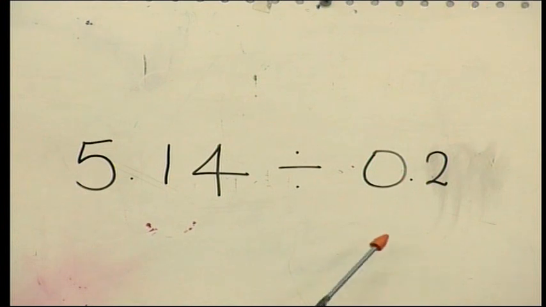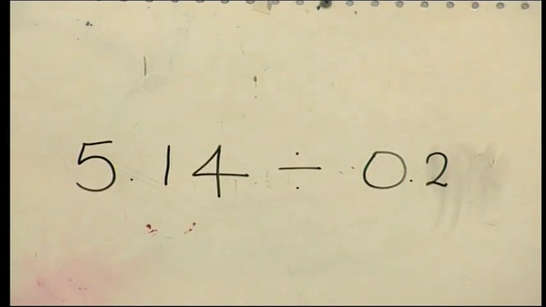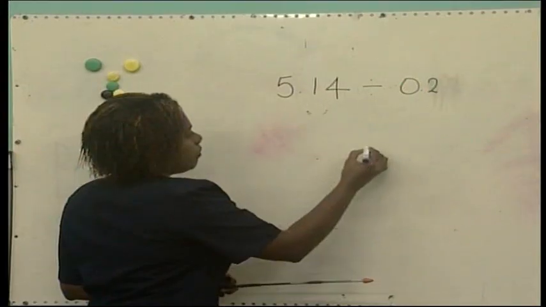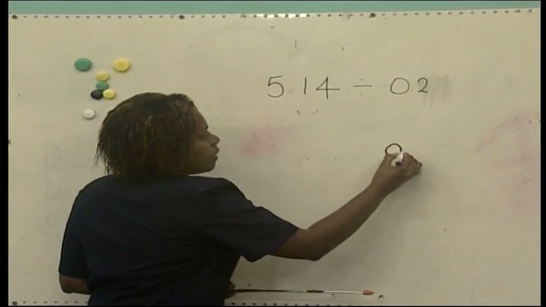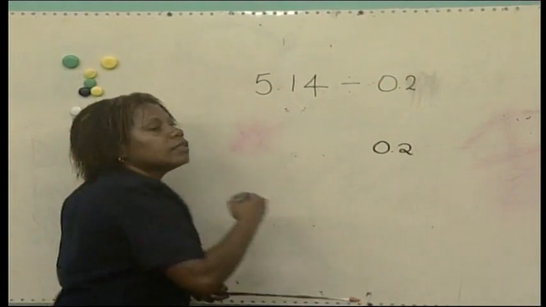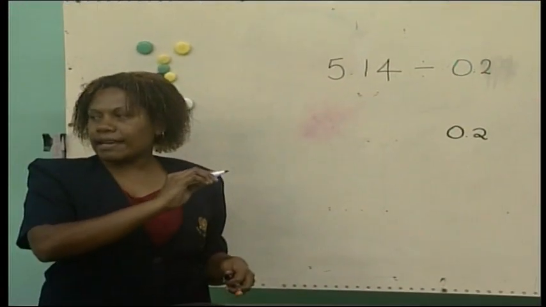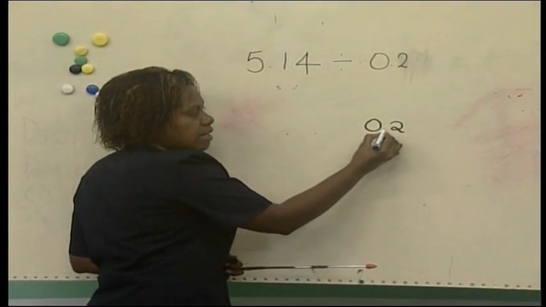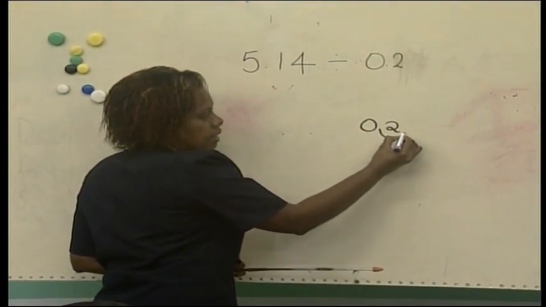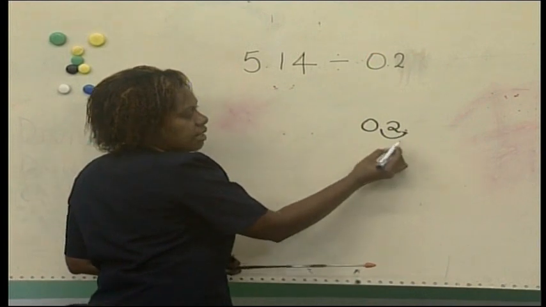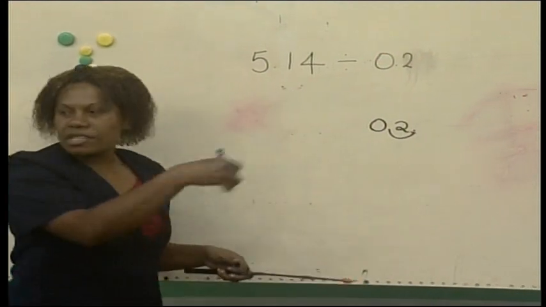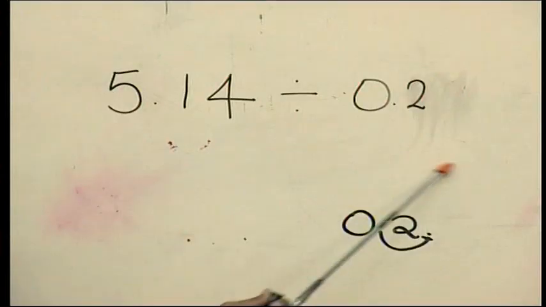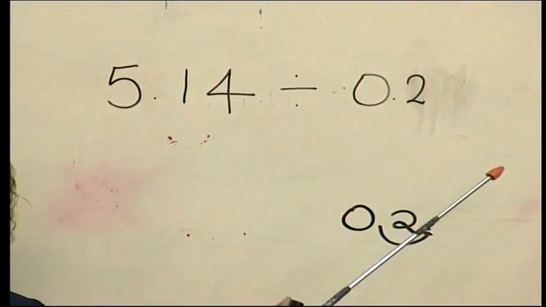And when you multiply by 10, you move your decimal point where? To the right. So you see your decimal point is here, now you move 1. See, so decimal point is here, it will become 2.0, which is the same as 2.